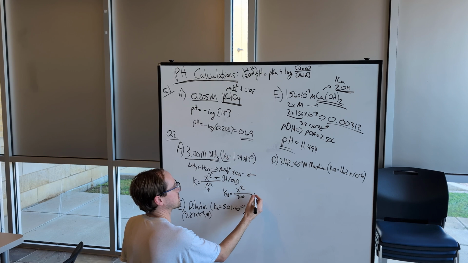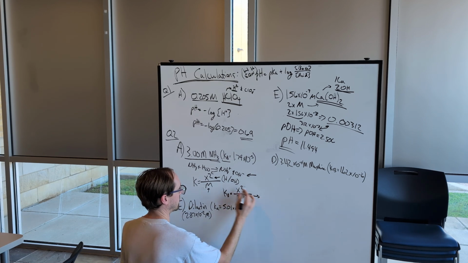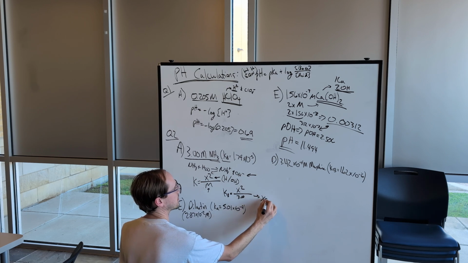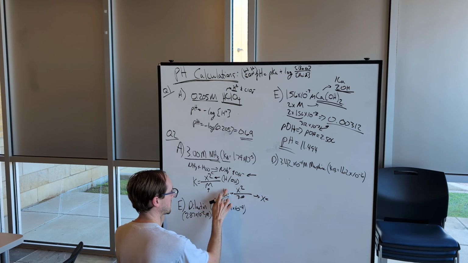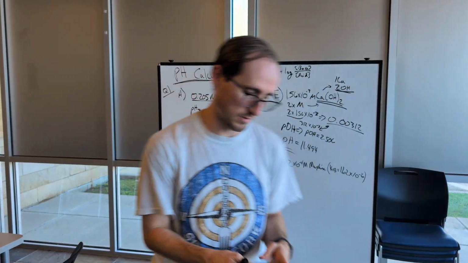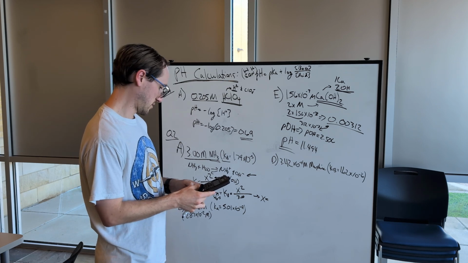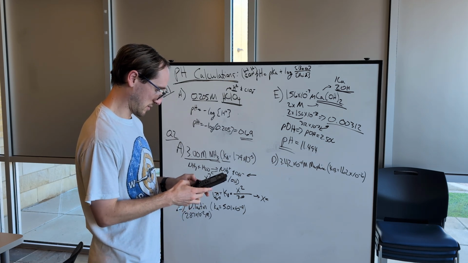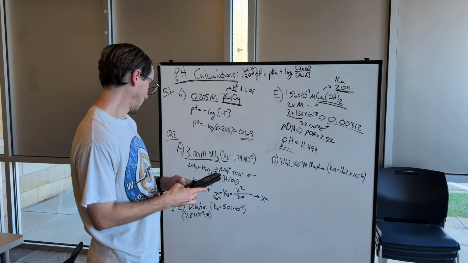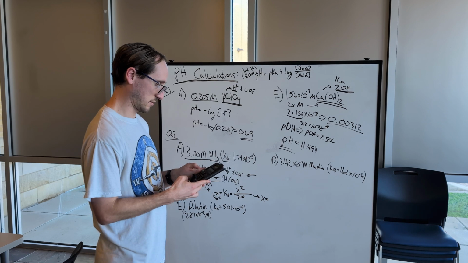And then this will give us that x is equal to, so we're doing 3 times 1.79 times 10 to the negative fifth, and then taking the square root of that.